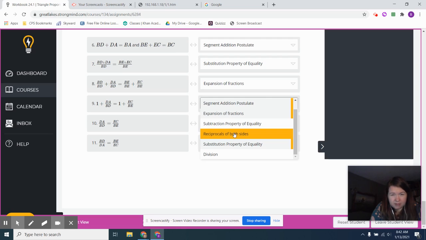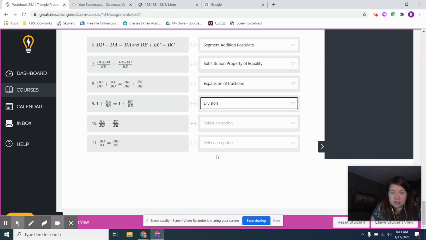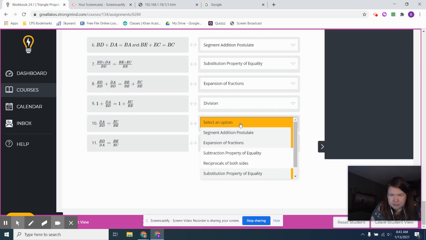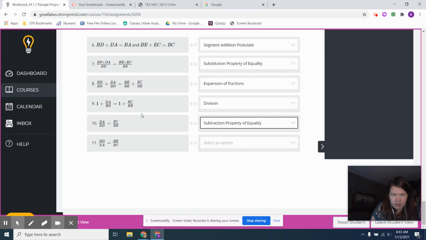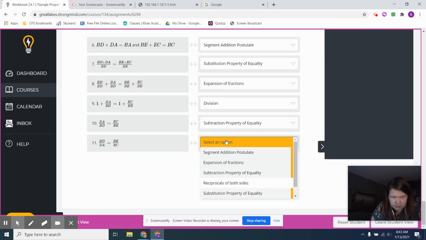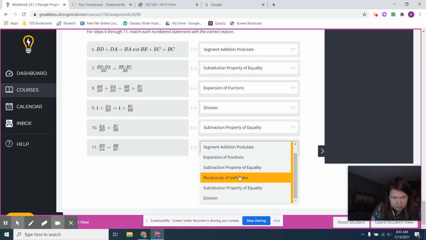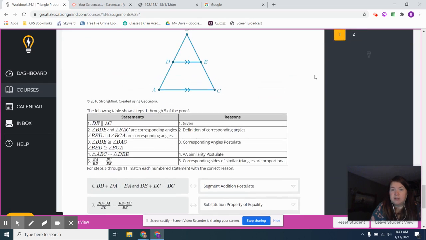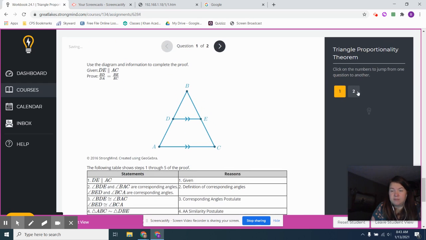Oh, I guess that is just division, right? And then we can subtract something from both sides, because we subtracted the 1. And then when you subtract the 1, that means this part is the same. So that would be the reciprocals of both sides. Yep, that's what it is, reciprocals of both sides. So there you go. There's question 1.